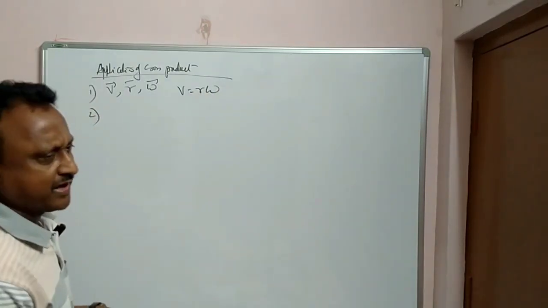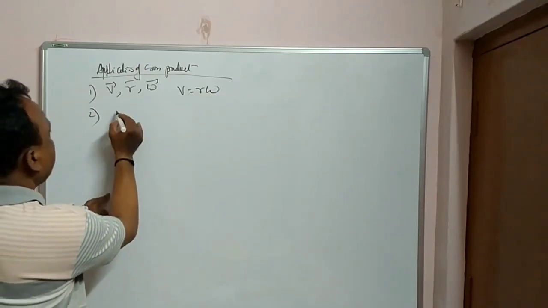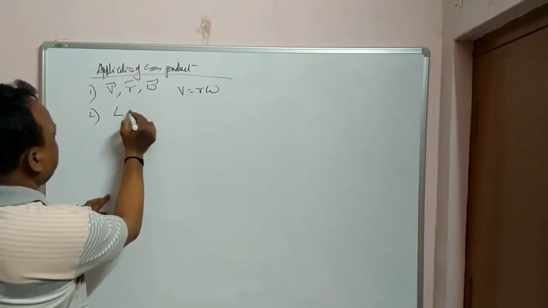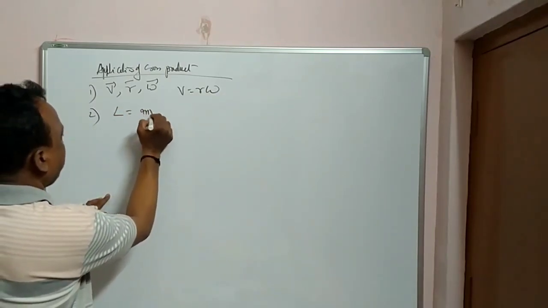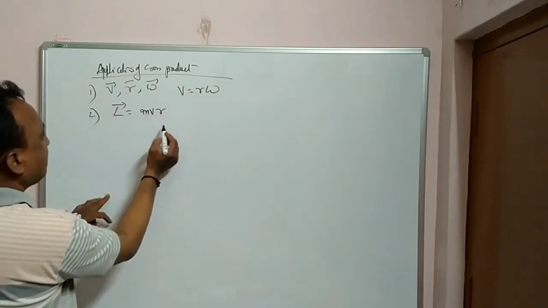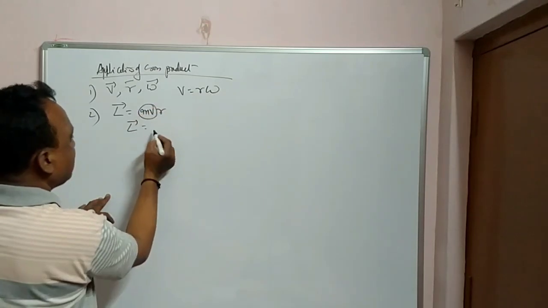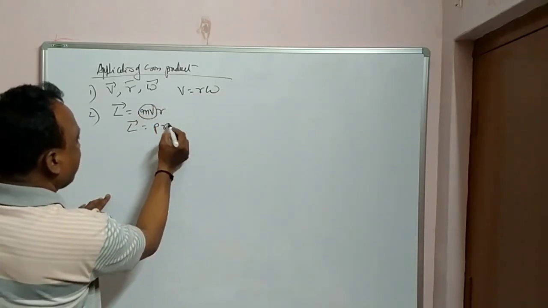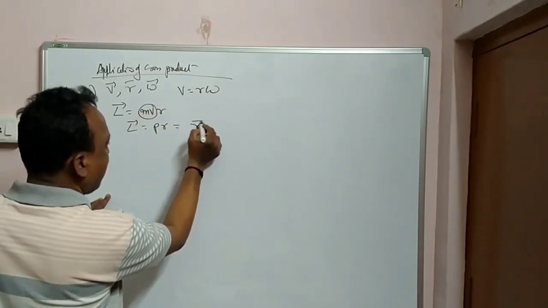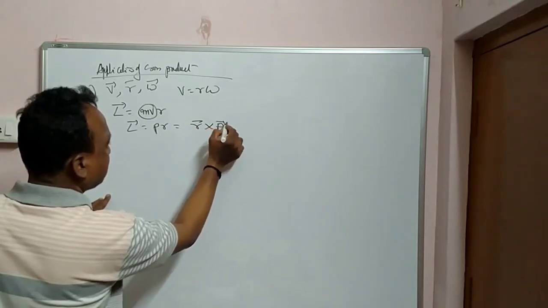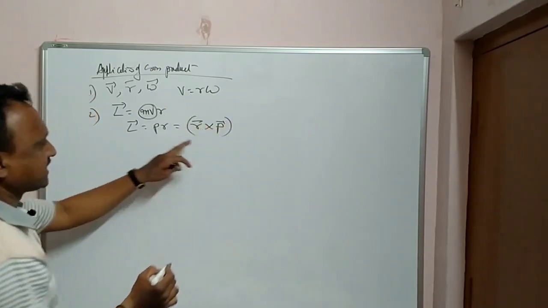Second one, you can also apply it for angular momentum. L is equal to mvr, which is also a vector. That means angular momentum is equal to mv, which is momentum p, and r. So this I can also express as r cross p, angular momentum. This is the second application.